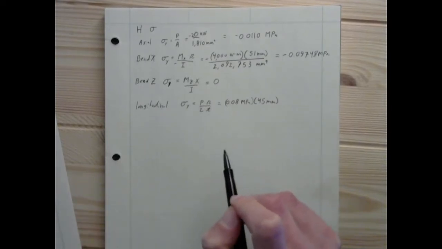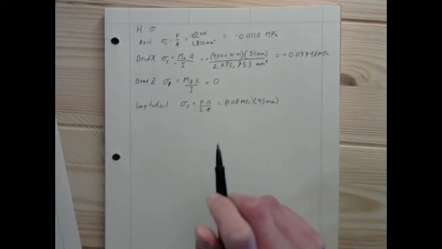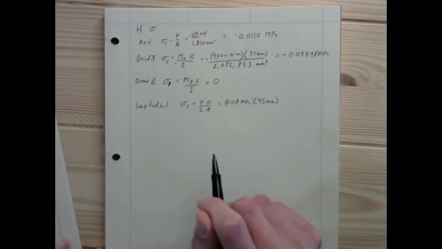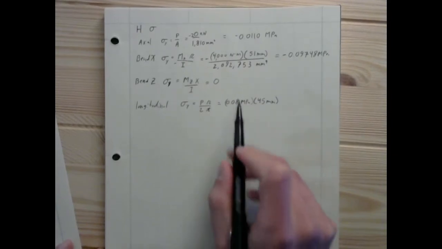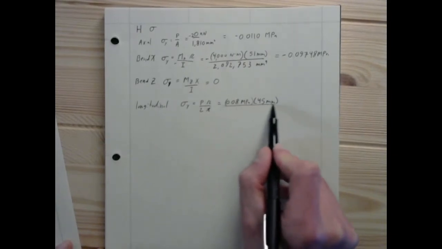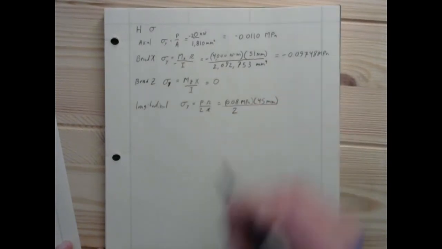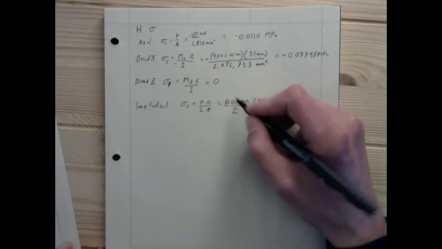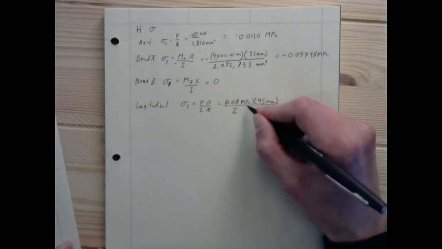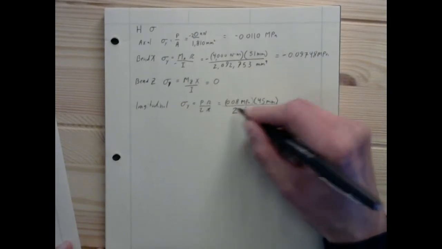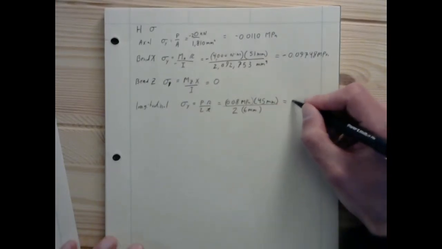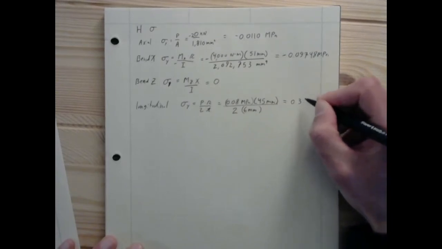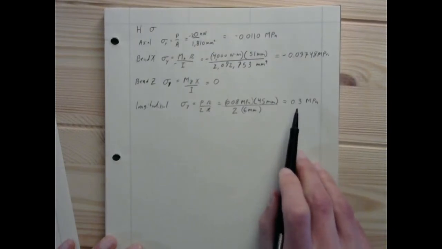Now, normally, because of the thin part of a thin-walled pressure vessel, it's not a big deal. In this case, it's pretty significant. So do be careful of that. Divided by 2, because this is the longitudinal one. Careful about that one. And then our thickness is going to be 6 millimeters. So this is going to give us 0.3 megapascals, and that's tension in the y direction.